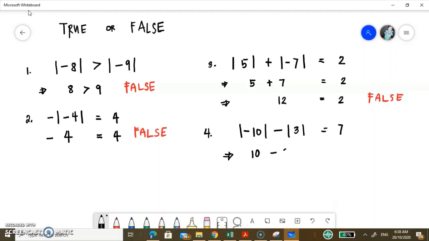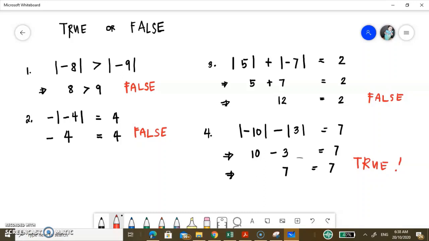Absolute value of positive 3. Just remove the vertical bars. Okay. So it's equal to 7 daw. So 10 minus 3 is 7. Now 7 is equal to 7. Is this true or false? Of course, this statement is true.